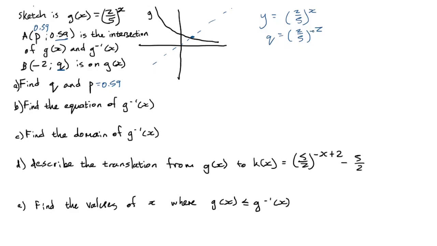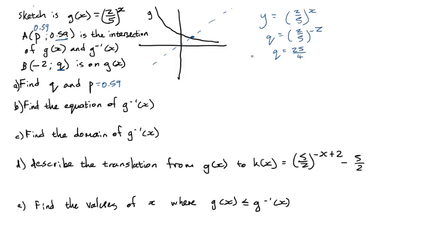If I put that in, a minus just flips the fraction, and then I will square the 5 that's now on the top, and I'll square the 2 that's on the bottom. So that's just how to get the q value and the p value.